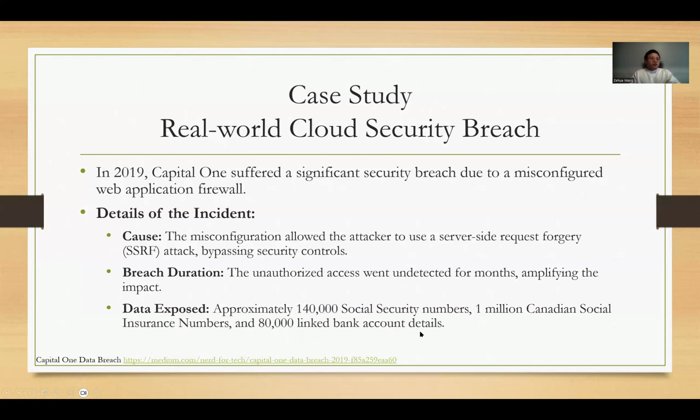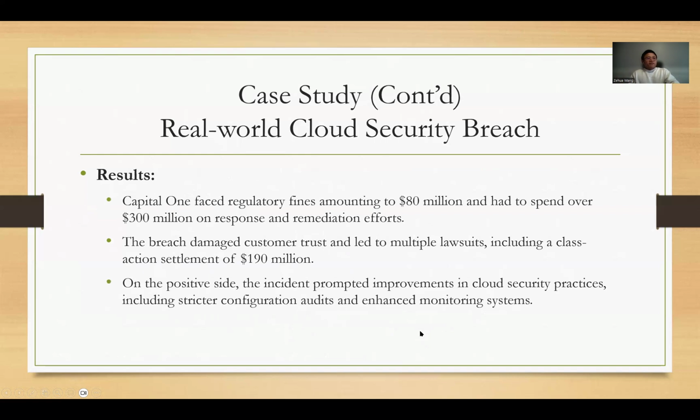They were just breached, and the result was very severe. Capital One faced a regulatory fine amounting to 80 million and had to spend over 300 million on response and remediation efforts. It also damaged customer trust and led to multiple lawsuits.